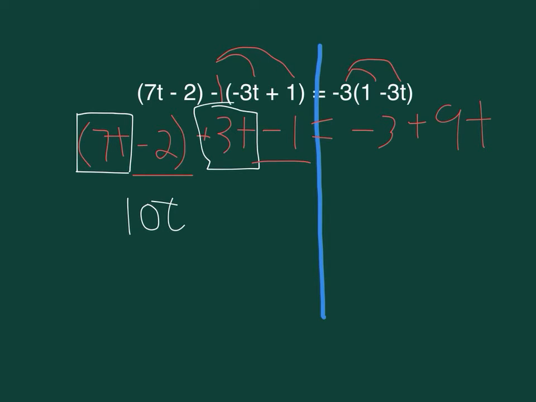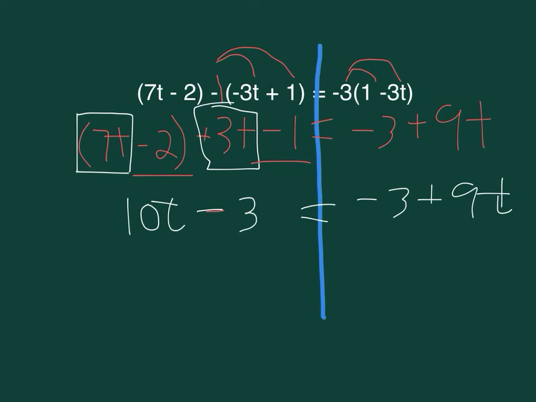We're going to combine those. They're both the same sign, so we're going to add them together. That's going to make -3. All right, on the other side, there's nothing to take care of on this step, so I'm just going to drop everything down.